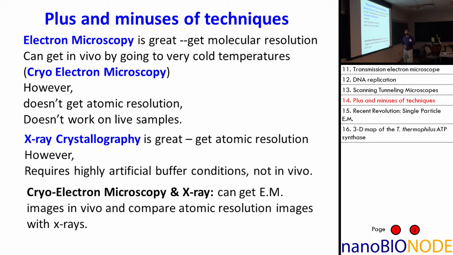Because what happens in electron, yes, it's forming an image, but an electron is charged. And so something that's charged going through this biological material is not very nice. And so you tend to get a lot of damage. So what everybody tries to do, well, first is you fix the sample, which basically means you're looking at a dead sample.